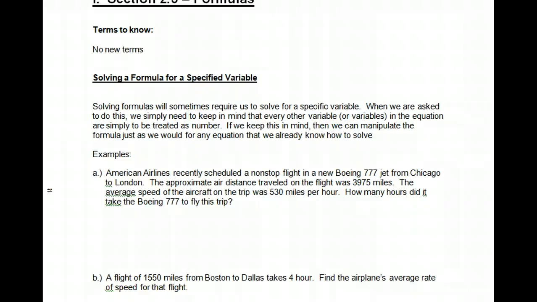Now, when you're solving for formulas, it will require us to solve for a specific variable. And similarly, when you are solving what is called a literal equation, which is not necessarily a formula, but maybe an equation that has multiple variables in it, and you're being told to solve for a specific variable.